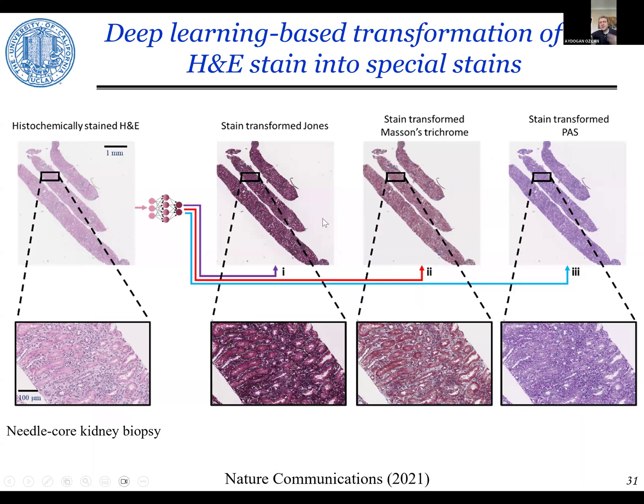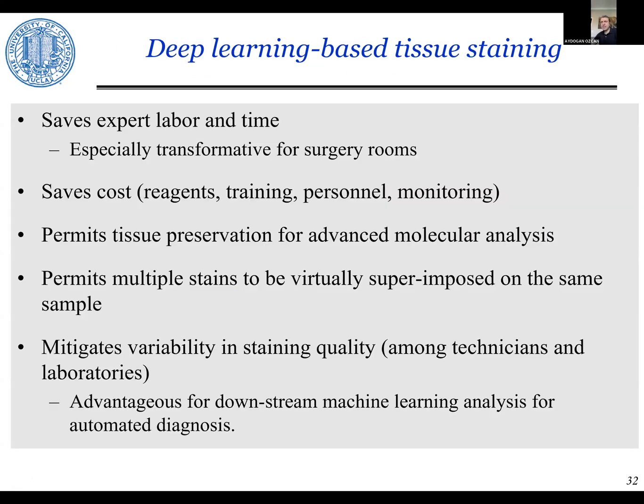That will be faster, more consistent diagnosis. This exact paper here demonstrated the utility of these stain-to-stain transformations, taking H&E images and converting them into special stains for improving the diagnostic accuracy of a group of board-certified pathologists for kidney disease. And that was essentially showing you the utility of these stain-to-stain transformations.